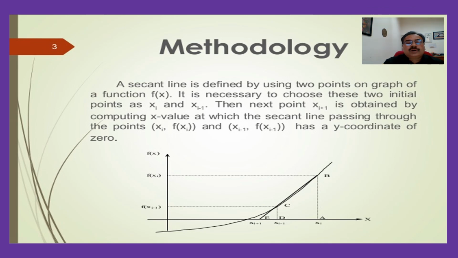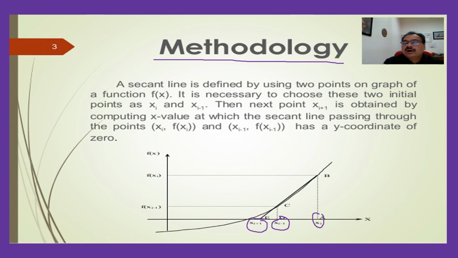If you discuss the methodology, this is how to derive the formula for the secant method. A secant line is defined by using 2 points on the graph of the function f(x). The 2 points are xi and xi minus 1. The next point is, of course, xi plus 1.